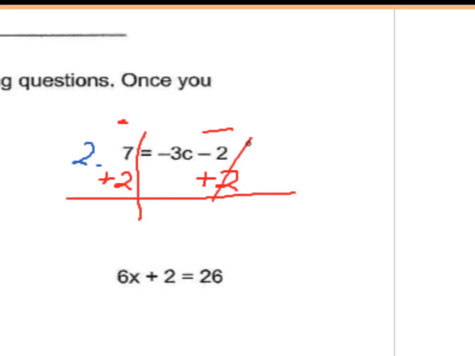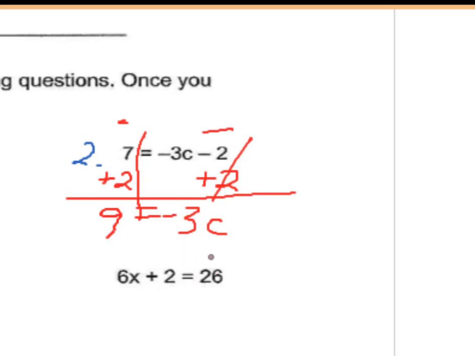This crosses out because negative 2 plus 2 is 0. I'm going to bring down my equal sign. I'm going to bring down my negative 3c so I don't lose it. And then I have 7 plus 2. I know 7 plus 2 is 9. So now I have negative 3c equals 9. And it's important, don't forget to bring down that negative sign.